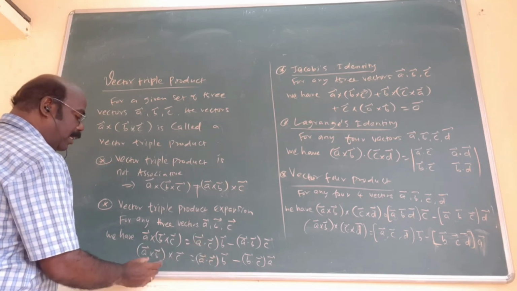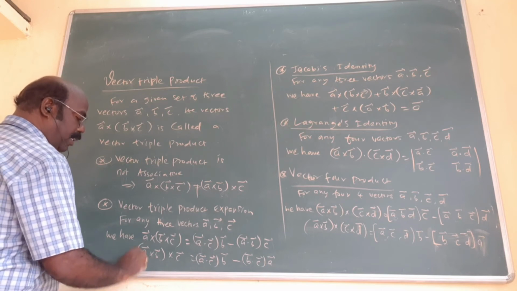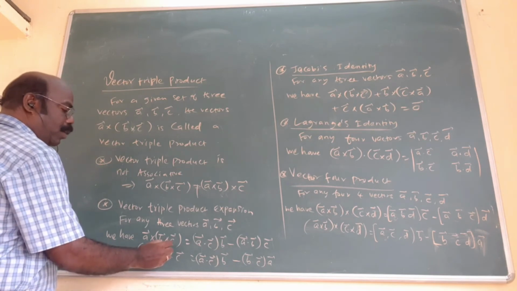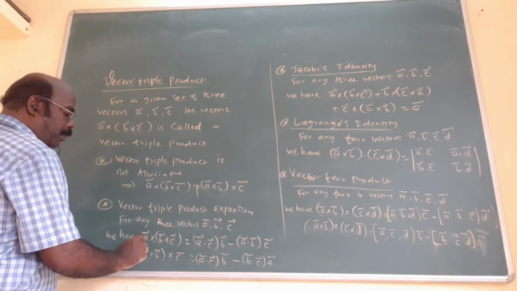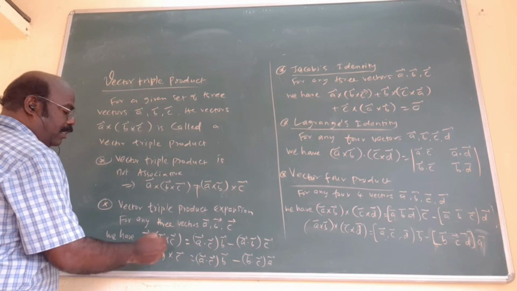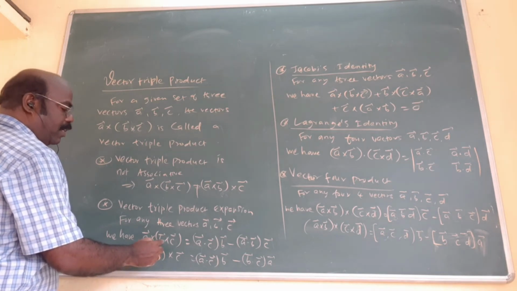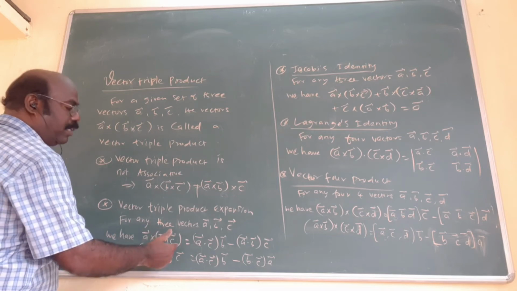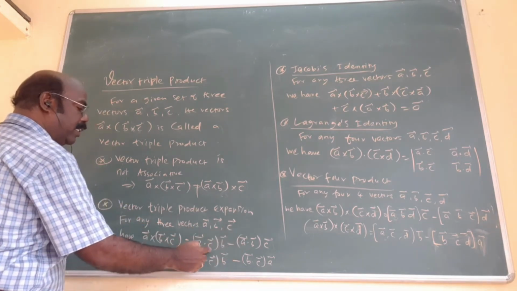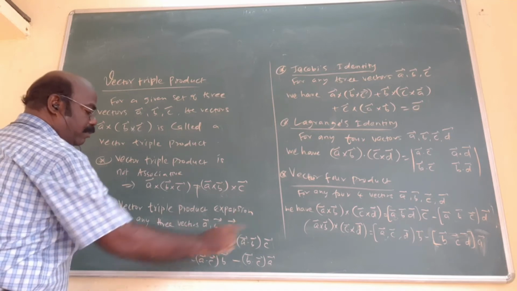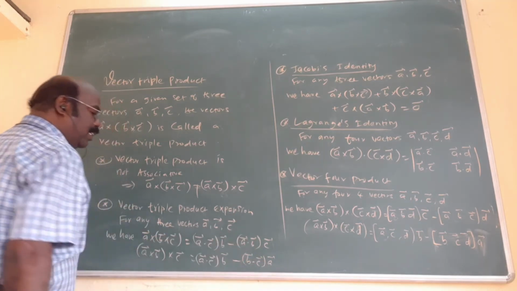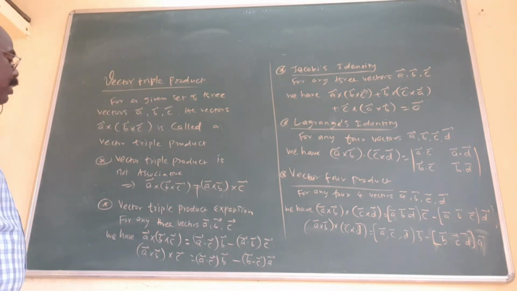Next inside the bracket B. First is over, A with C, then B with C, remaining one A. Within the bracket two are involved, outside the bracket one. A dot C, remaining quantity C; B dot C, remaining quantity. In this way, you will find the vector triple product expansion.